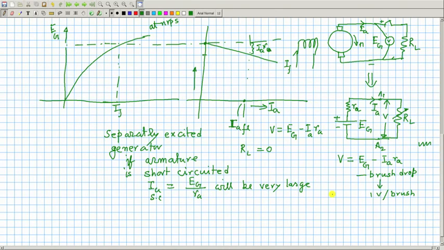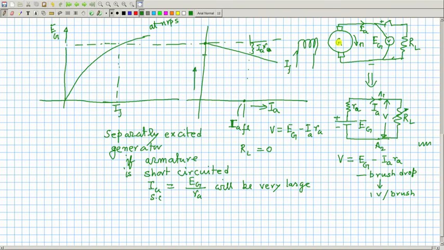and if that short circuit current is allowed to continue, and you have not connected any fuse wire for protecting this, it may even burn the armature winding. Therefore, short circuiting the armature of a separately excited DC generator should be avoided.